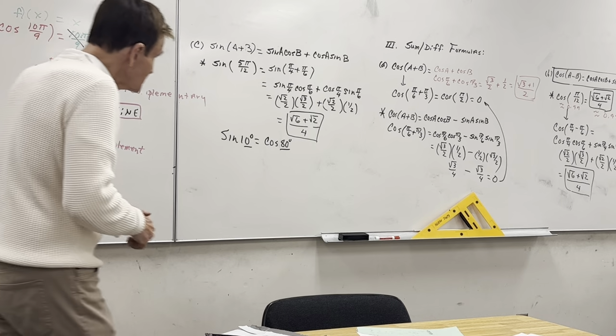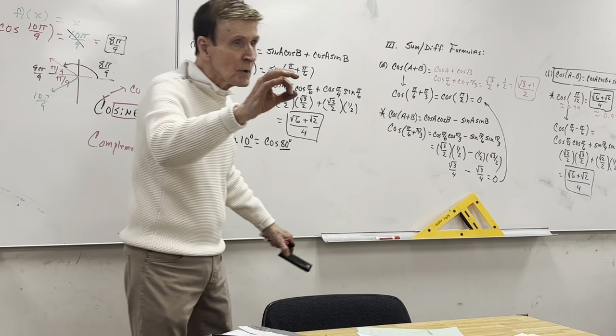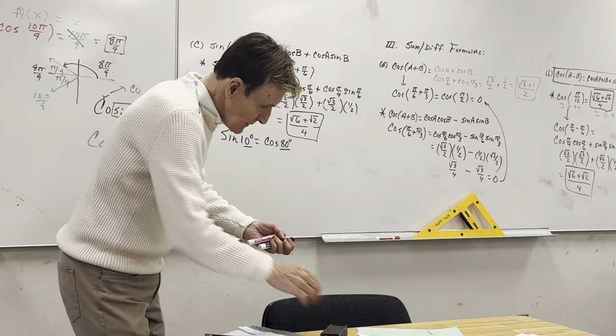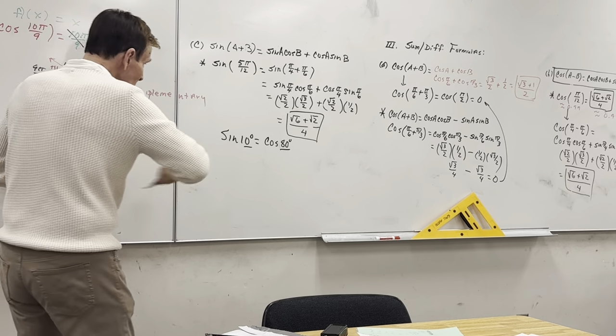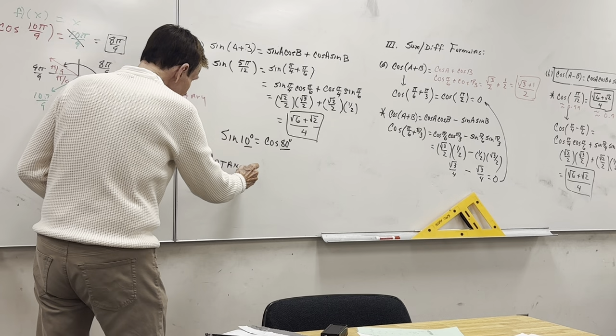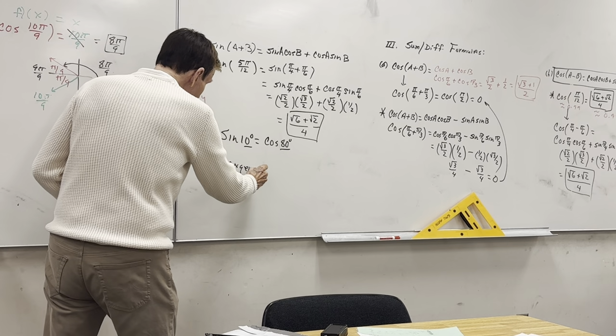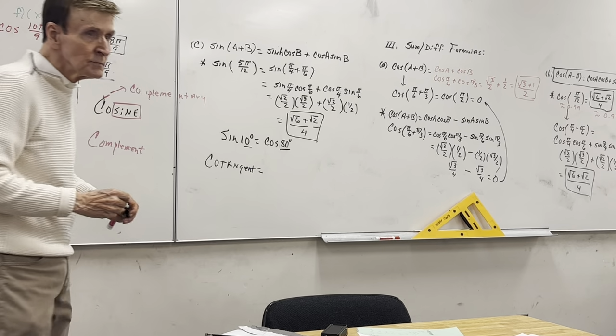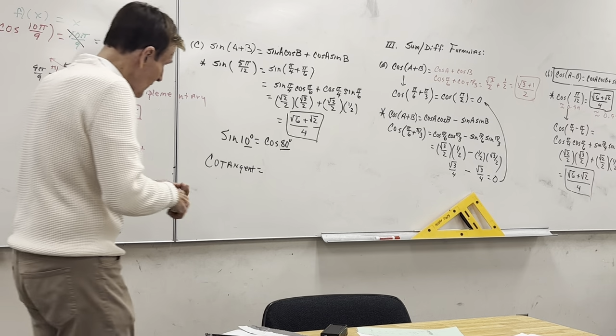Jacob, I thought you had a question there. Does that also relate to cotangent and cosecant? Beautiful. Look at this. Let me go ahead and do it right here. Cotangent theta should be equivalent to tangent. Now, hang on.